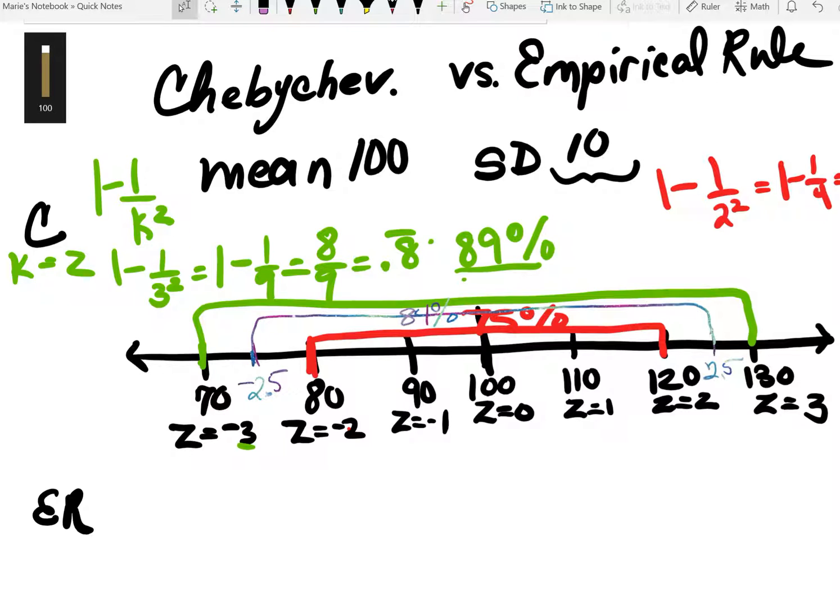Now, if they give you a question relating to the 1.5, for example, okay, so if that's the case, you would do 1 minus 1 over 1.5 squared. All right, so we'll pull out our calculator.